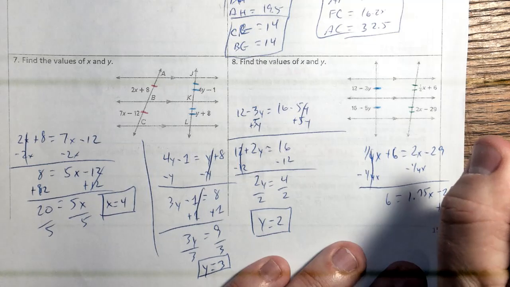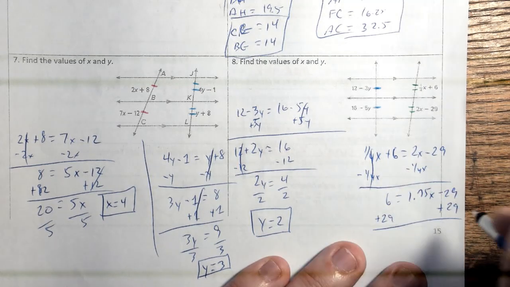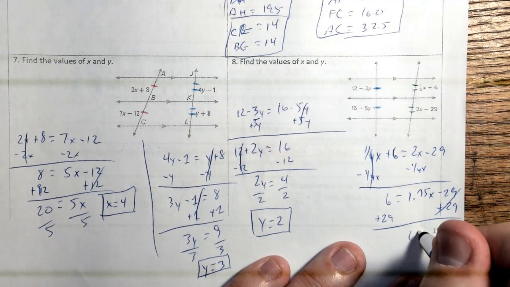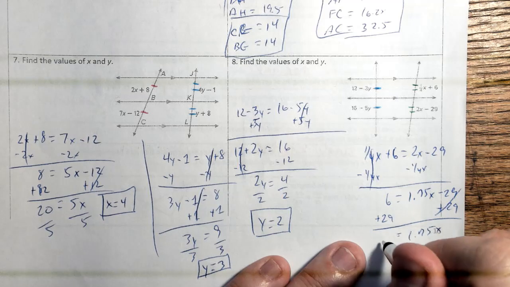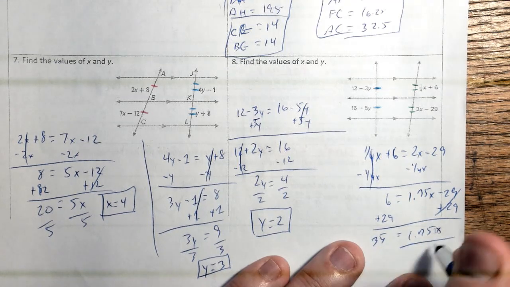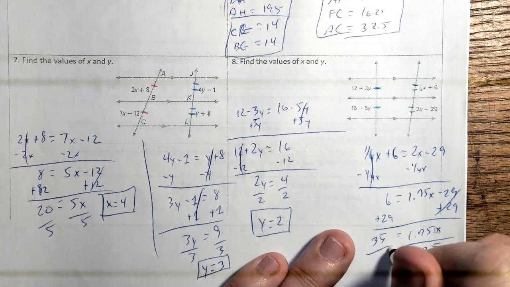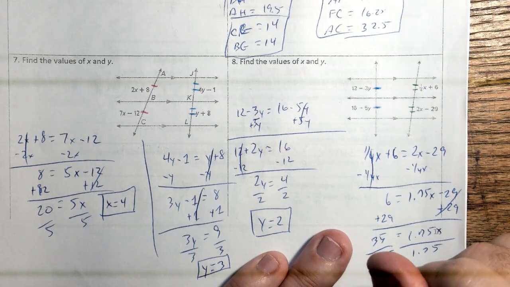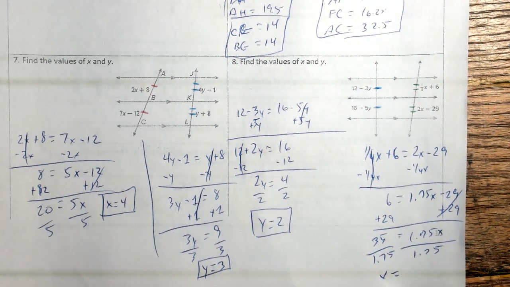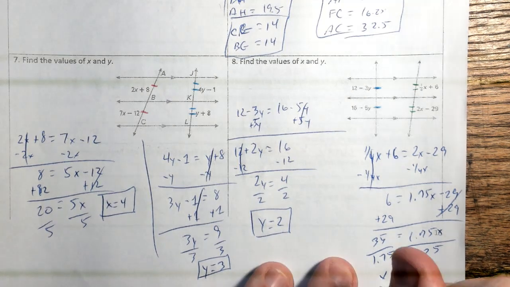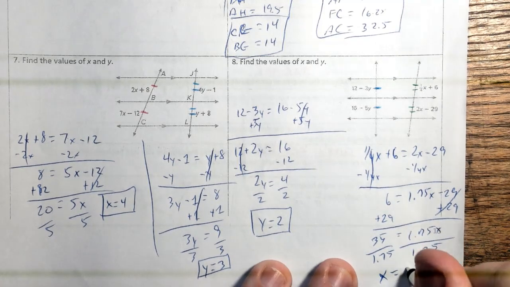So we're going to add the 29 to both sides. Those cancel. We got 1.75x equal to 35. Divide both sides by 1.75. So 35 divided by 1.75, give me just a second, is 20. So on this side, x equals 20.